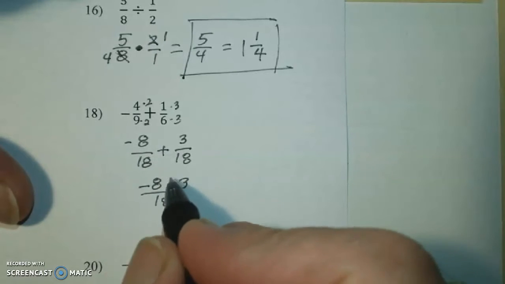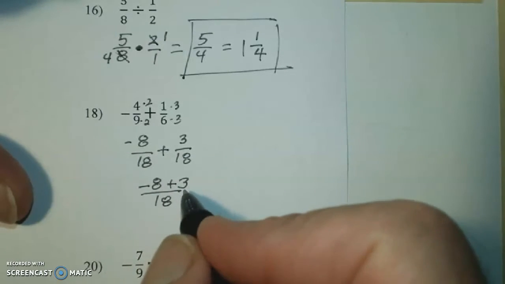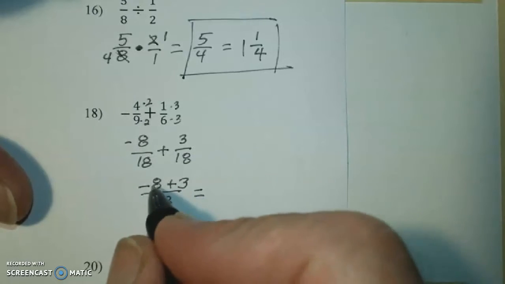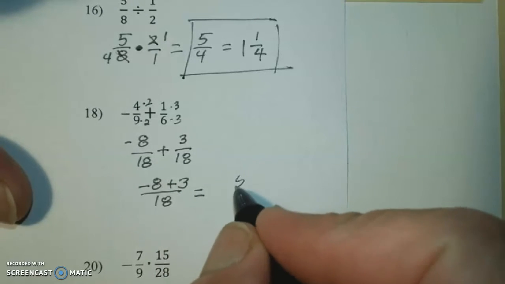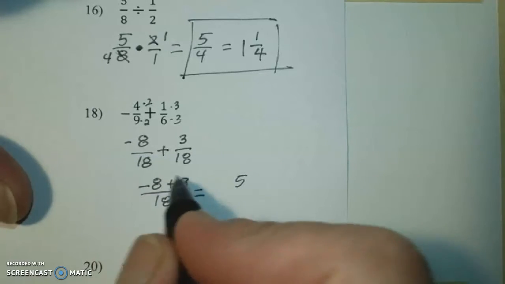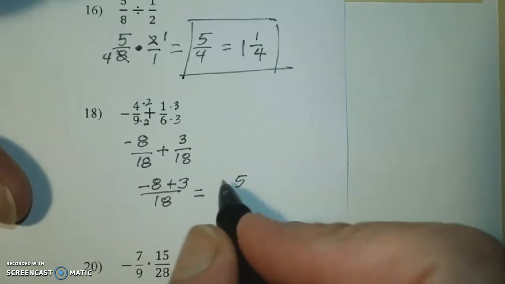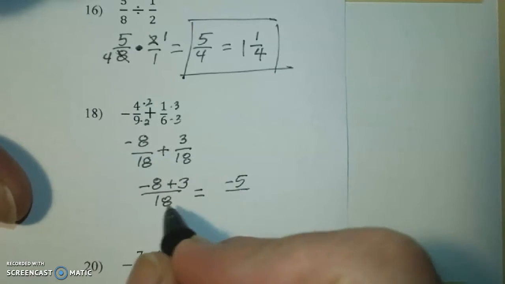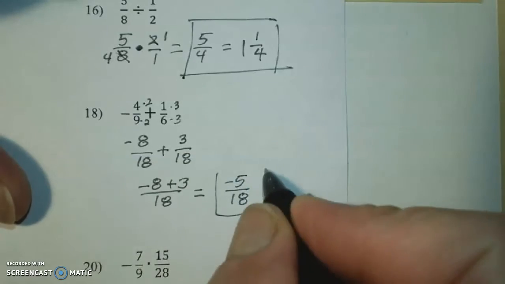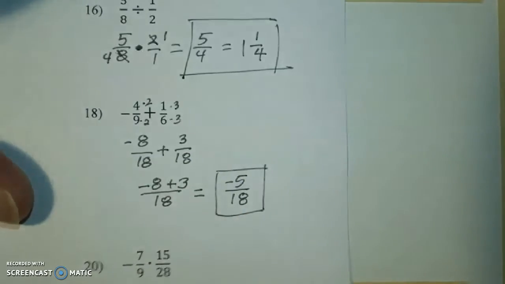That's a negative number being combined with a positive number. They're different signs, so you'll subtract. Take 3 from 8, you get 5. Take the sign of what you had more of. You had more negative, so it's going to be a -5. And your denominator is 18ths. So -5/18 is your answer.